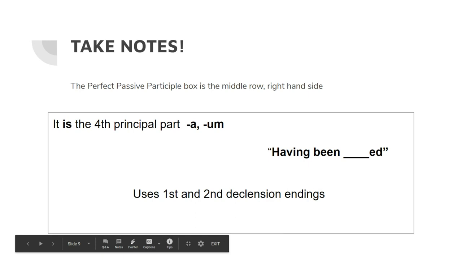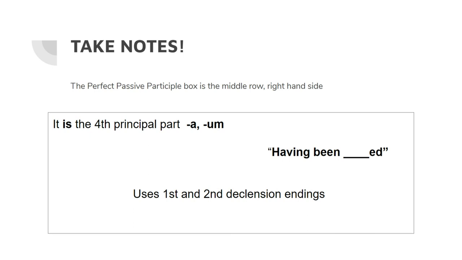One of the reasons we learn it first is because it's the easiest one to form. It just is the fourth principal part of a verb. Simply put, whatever that form is, that's what your participle is. We want to add these endings I've written here in bold, -a and -um, and that symbolizes the fact that it uses the first and second declension endings, -us, -a, and -um, right?